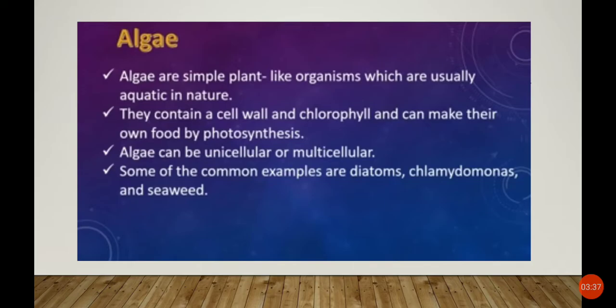That is the reason they are called plants. Algae can be unicellular or multicellular. Some common examples are diatoms, chlamydomonas and seaweed. You have to memorize these examples, 2 or 3 for each microorganism.